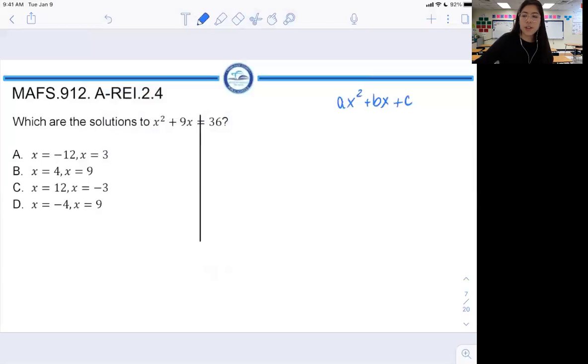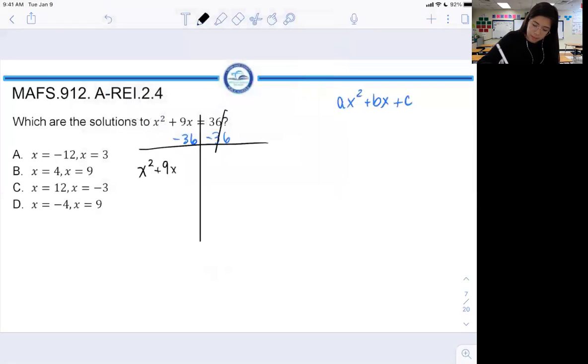To the left. Addition or subtraction? Subtraction, good. I'm going to subtract. Okay. So this is x squared plus 9x minus 36 equals 0. Okay, I've got my standard form all set and ready to go.